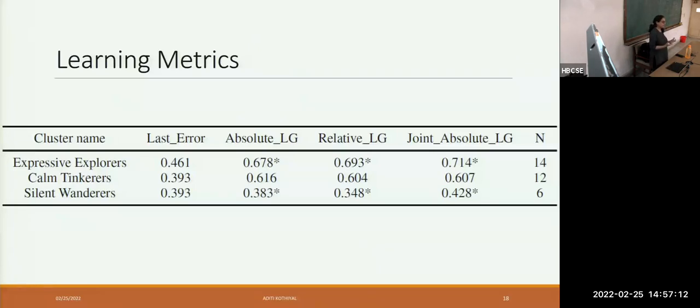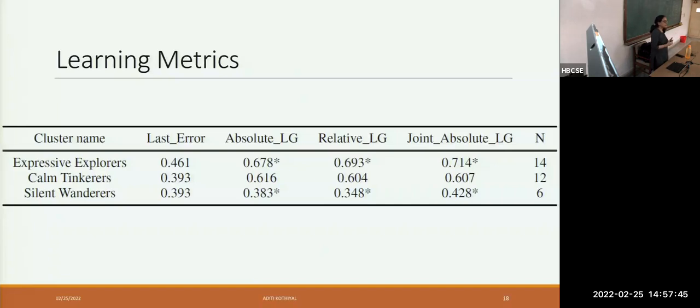So what this tells us is that there are two sets of actions which signify high learning, and one set of actions which signify no learning. So we can differentiate people entirely on the basis of their actions, and we have found that they also differ in terms of their learning.